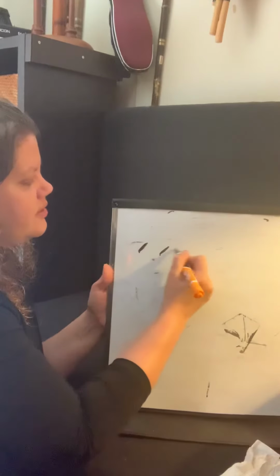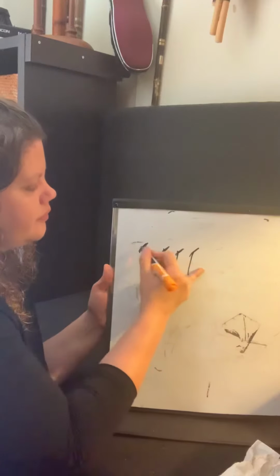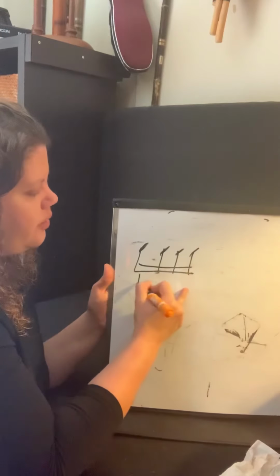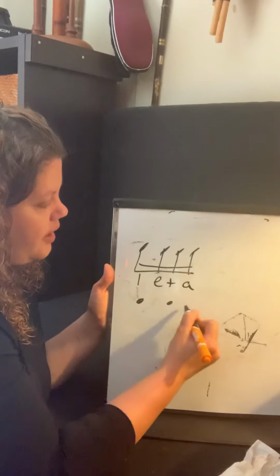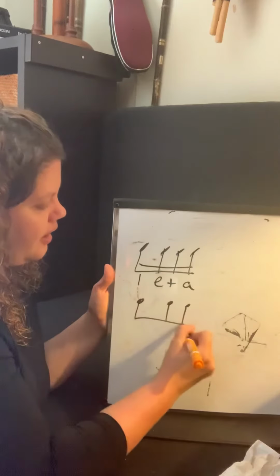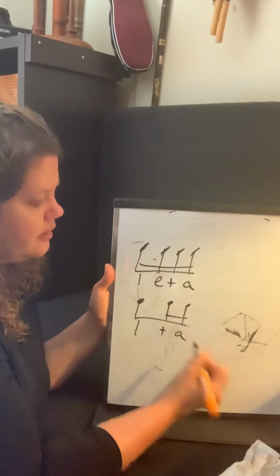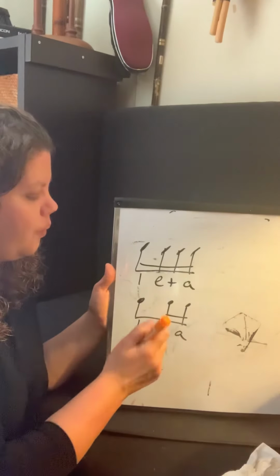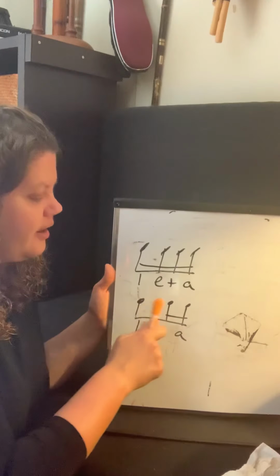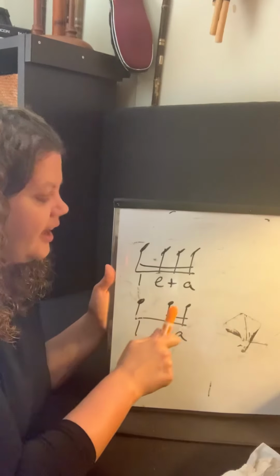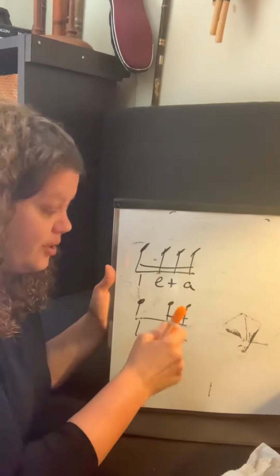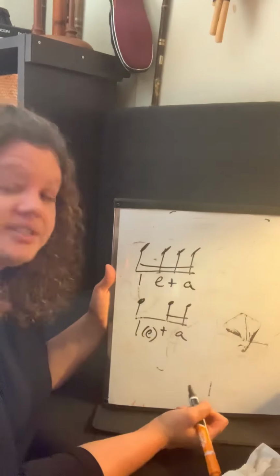Here's my 4 16th notes again. Counted 1, E, and, A. So this is 1 and A. So they line up there. 1 and A, 1 and A. So the E is silent. 1 E and A, 1 E and A. But you can certainly subdivide that E out. It would just be silent.